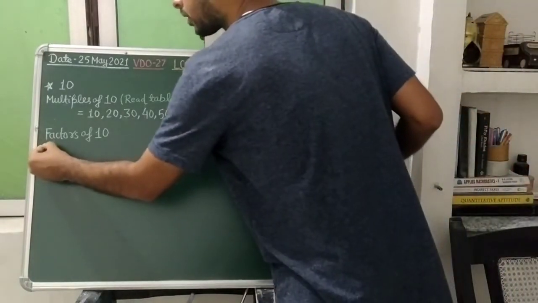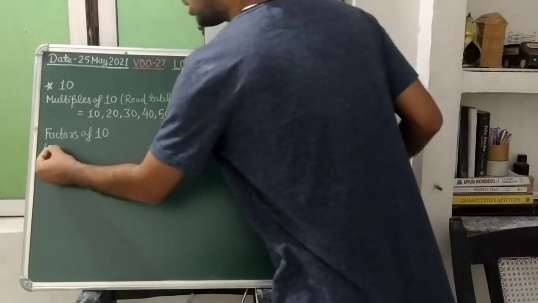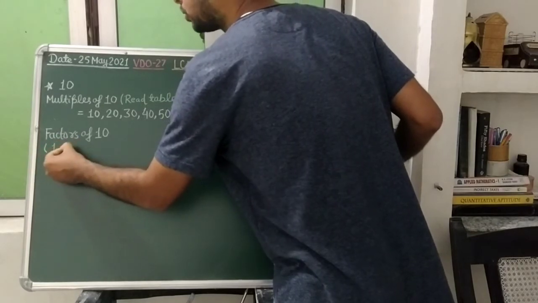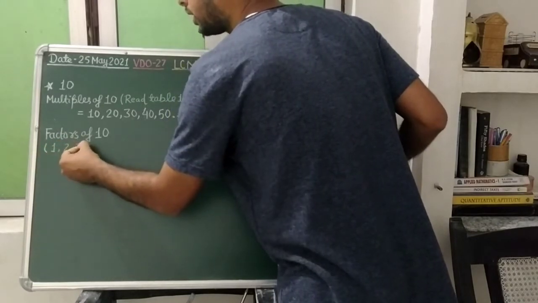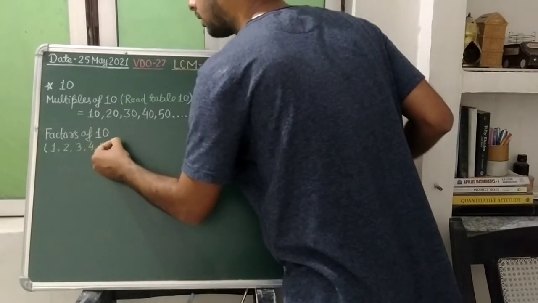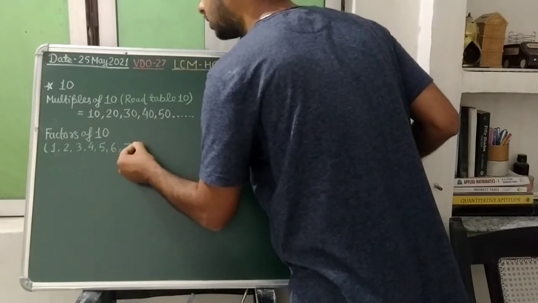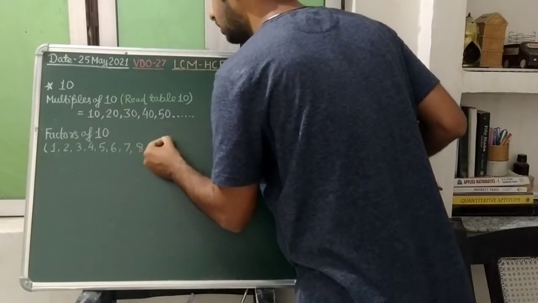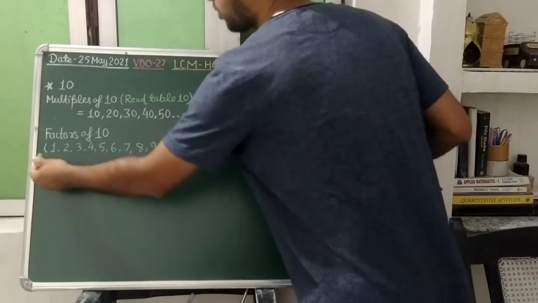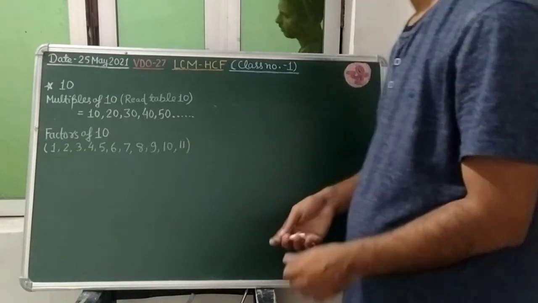Just start from 1 and move up to 11. Meaning 1, 2, 3, 4, 5, 6, 7, 8, 9, 10, 11. We shall start from 1 and move up to 11.